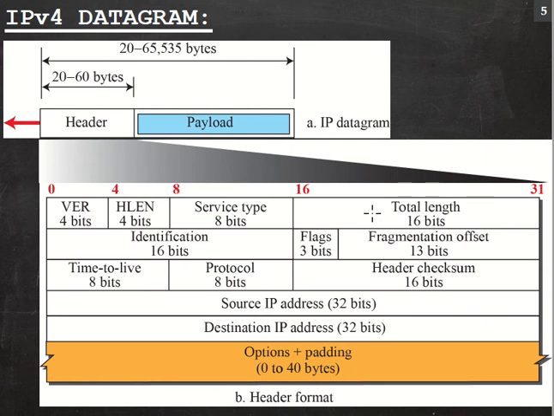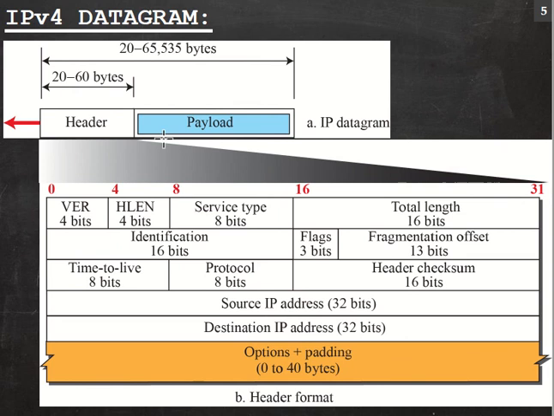The fourth one is total length, the length of the datagram, represented in 16 bits. The next field is identification, consisting of 16 bits. We'll see what this is in the next slides. Next one is flag, which is 3 bits. Next one is fragmentation offset, which is 13 bits.